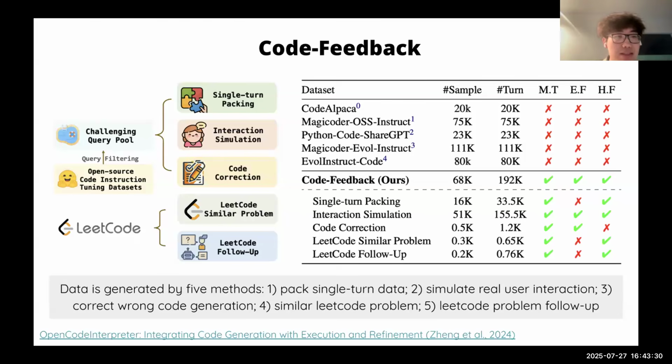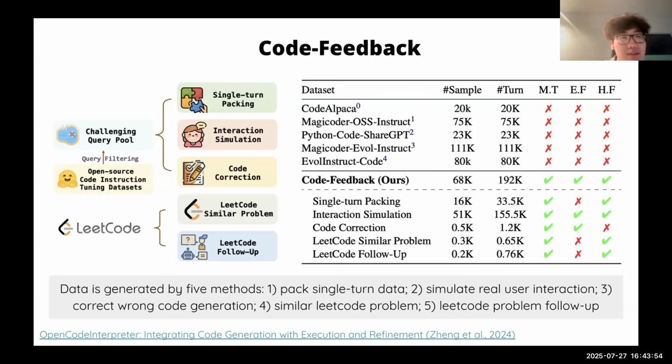In the OpenCodeInterpreter paper, we came up with five methods to generate synthetic data so that we can teach the model to understand the feedback data. Firstly, we can pack the single turn into the multi-turn format. Also, we can simulate real user interaction.